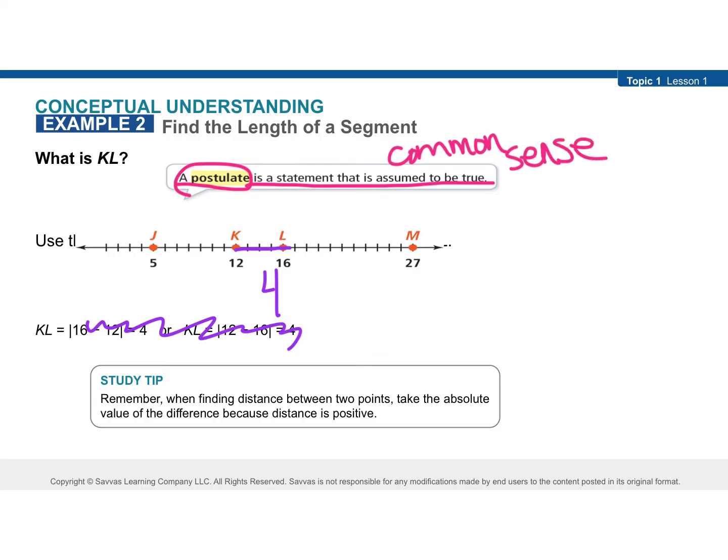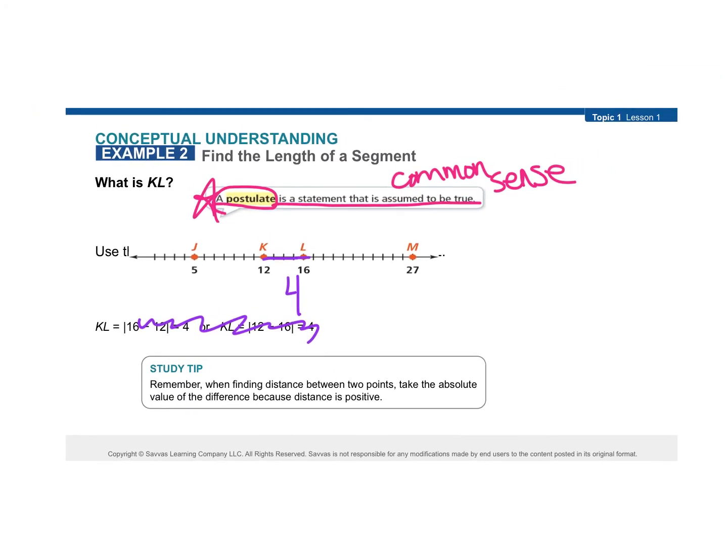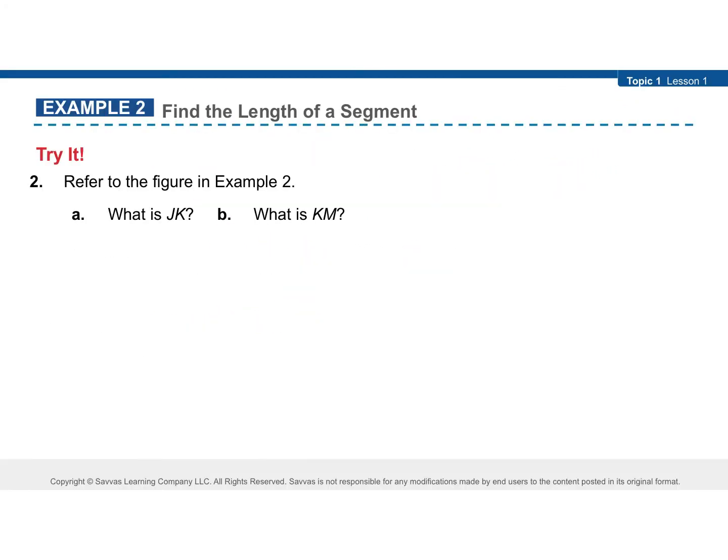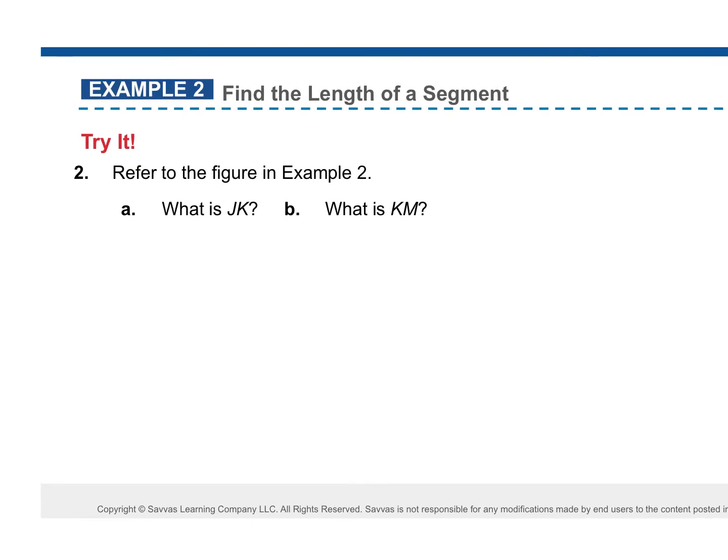Need to remember that. That's common sense. What is JK? Well, if you look back there and you count, I think you get 7, and KM is 15.